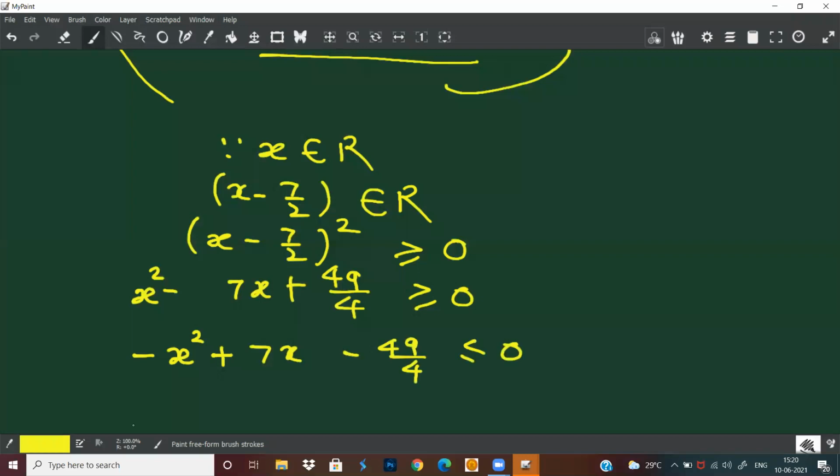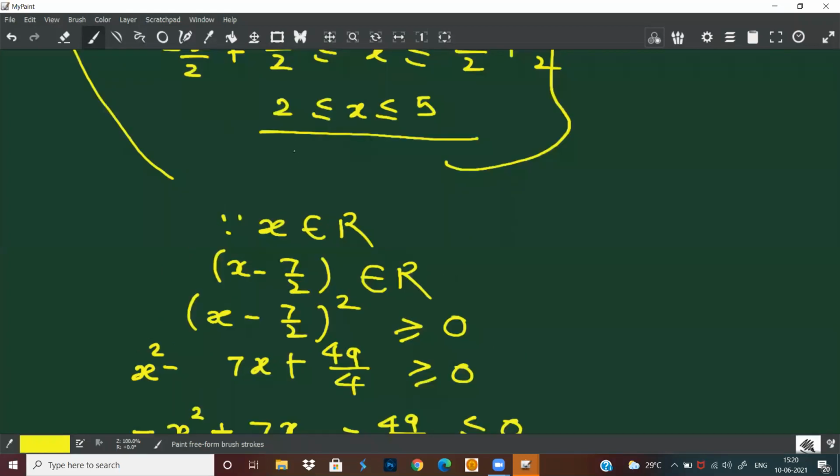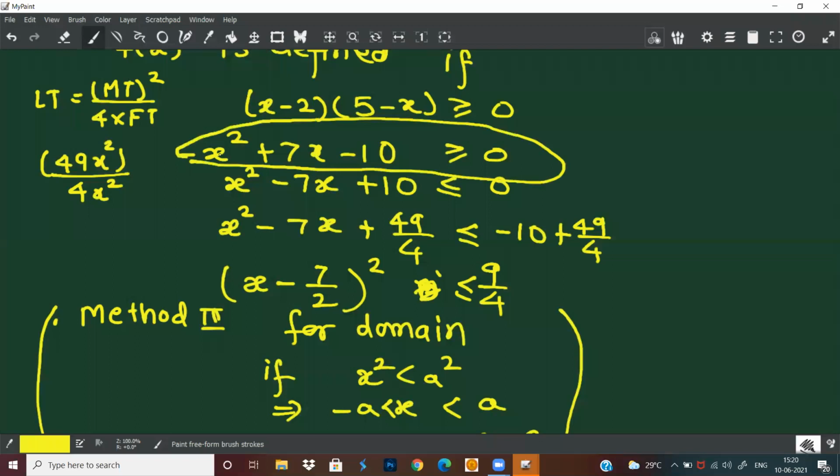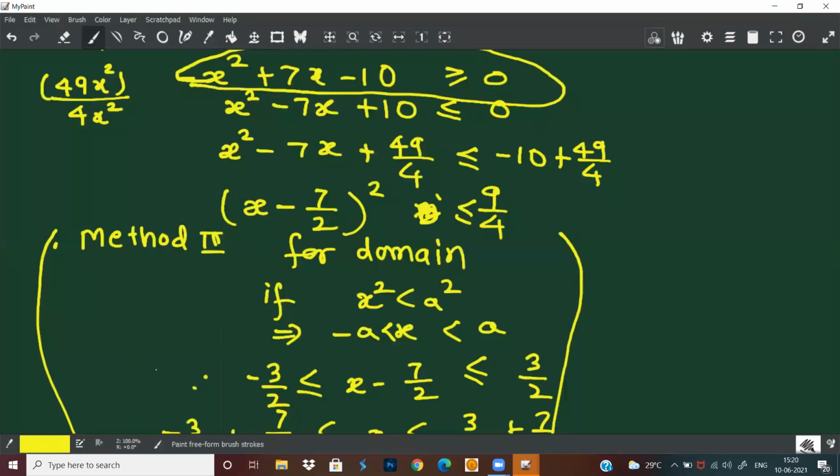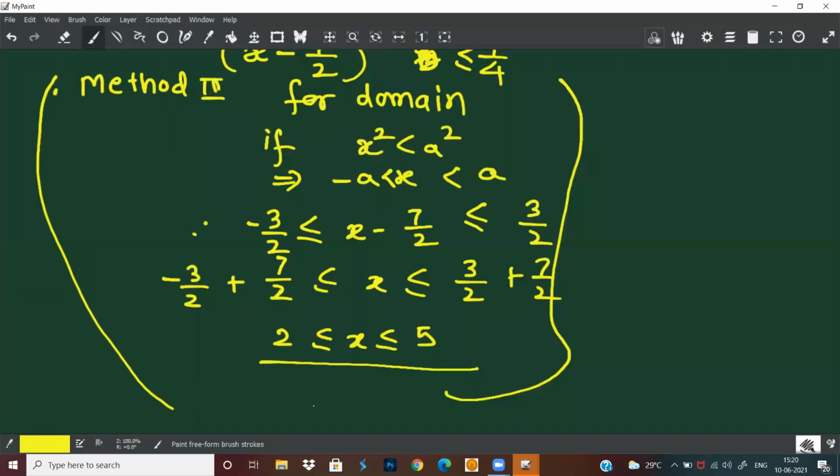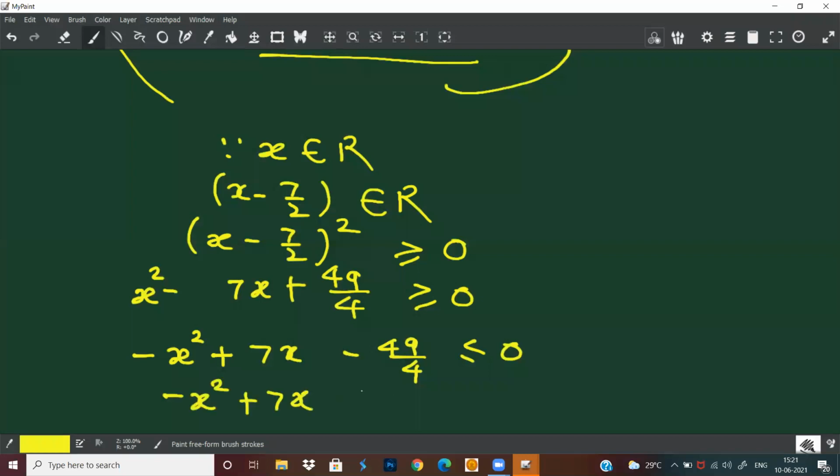Correct. So now look, what was my solving of f of x? Look. What was my solving? It was this original. I need to bring it so that I can put it as root of f of x. So I need minus x square plus 7x minus 10. So minus x square plus 7x, now I need minus 10. Bring it here.